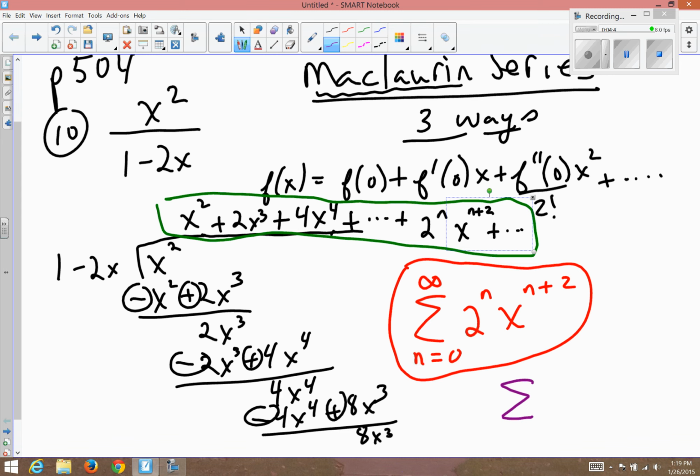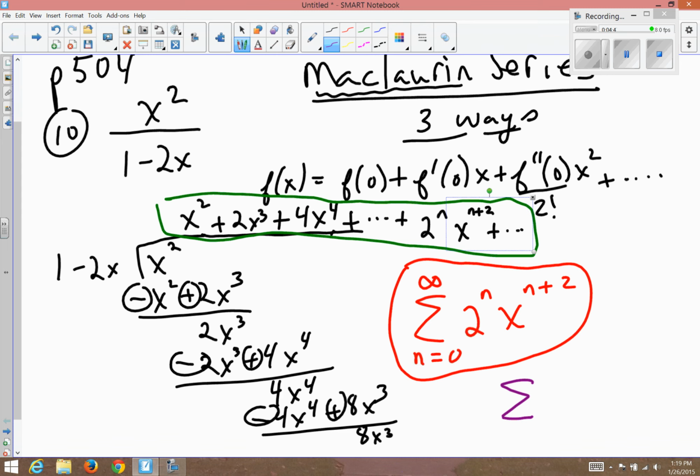All right, so we got these answers by performing long division. Another way to do number 10, because I said there's 3 ways, is to recognize that the given function is in the form a over 1 minus r.